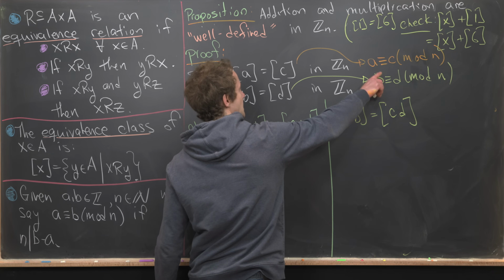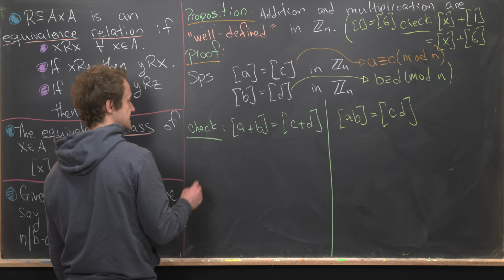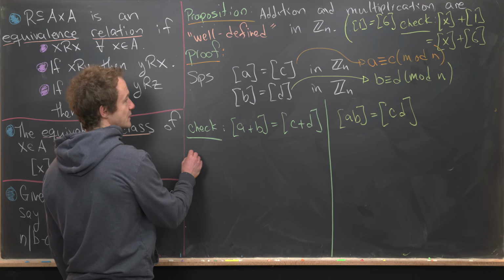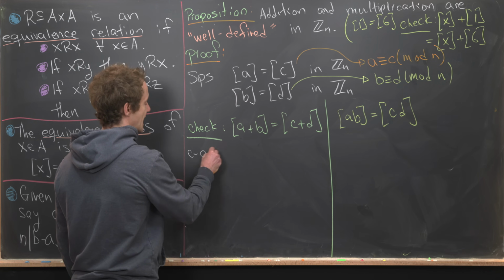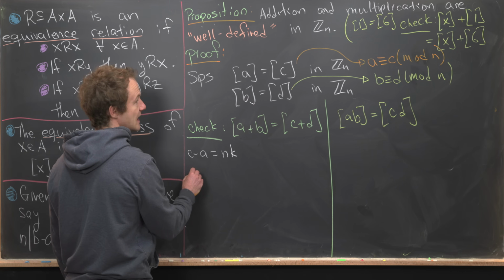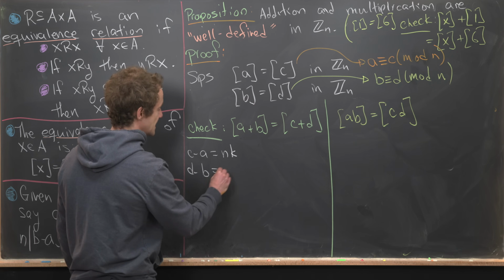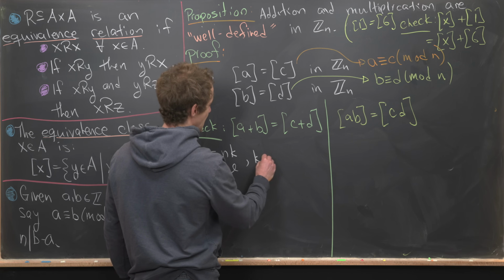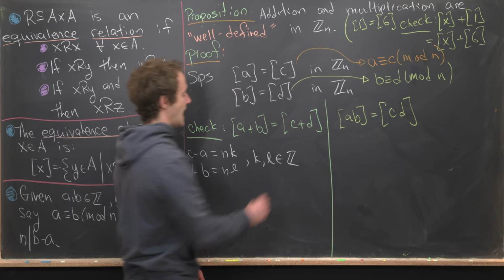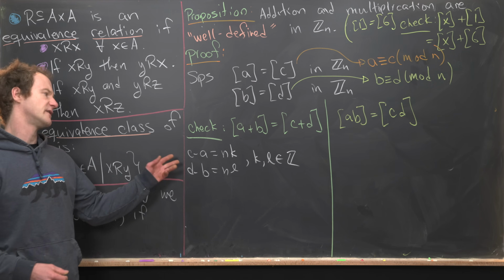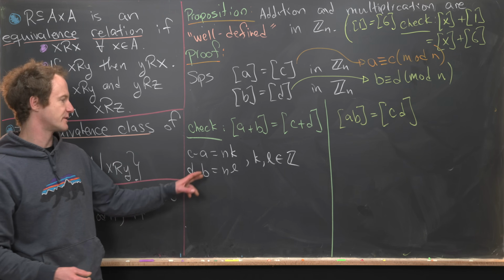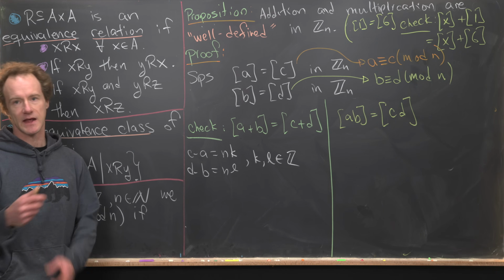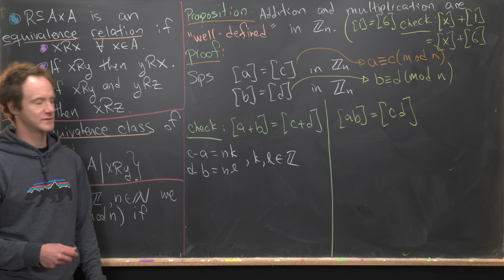We know that A is congruent to C and B is congruent to D mod N. So that means we can write C minus A is equal to N times K, and D minus B is equal to N times L, for integers K and L. I've jumped ahead a step. Usually we write N divides C minus A, but we've looked at this several times already in this video, so I think that's okay.